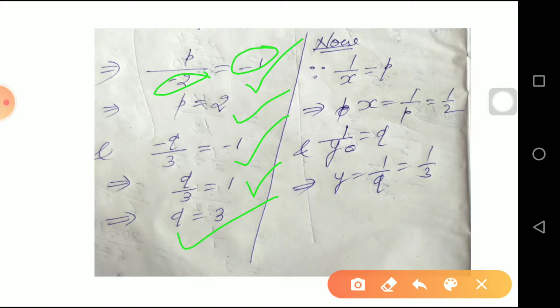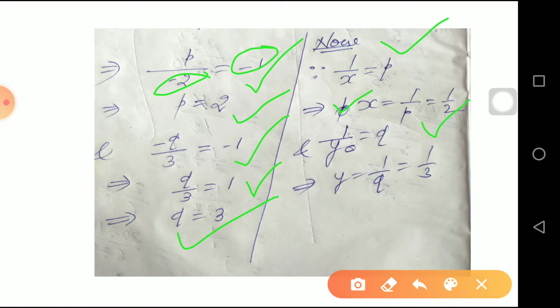We have to find the values of x and y. In the previous step, we substituted 1 by x equal to p. Since 1 by x equal to p, this means x will be equal to 1 by p. Then we put the value of p, so x equals 1 by 2.